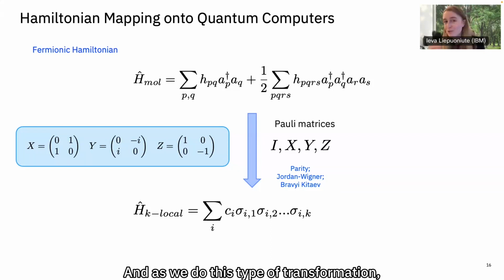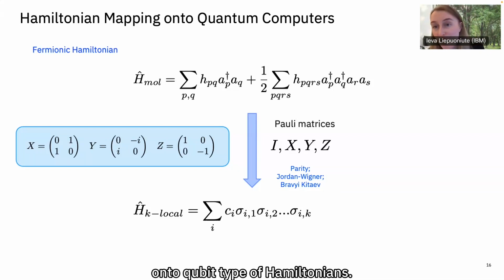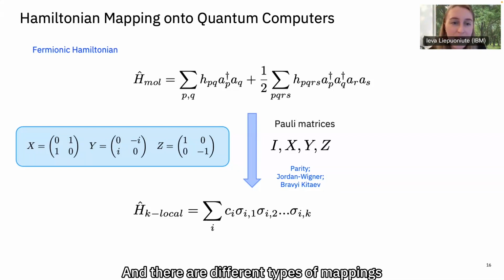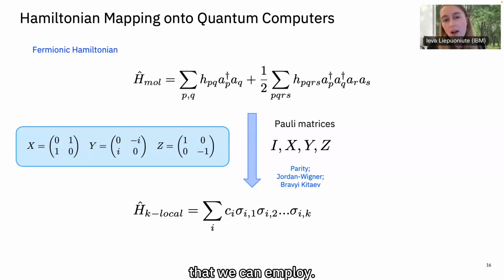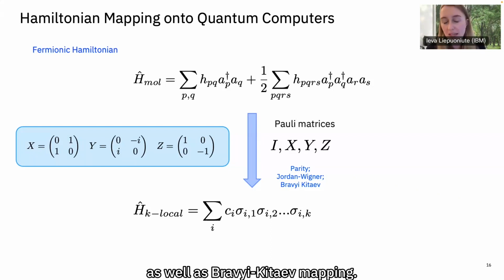As we do this type of transformation, we say that we are essentially mapping fermionic Hamiltonians onto qubit Hamiltonians. And there are different types of mappings that we can employ. And a lot of times in literature, you will hear about parity mapping, Jordan-Wigner mapping, as well as Bravyi-Kitaev mapping.